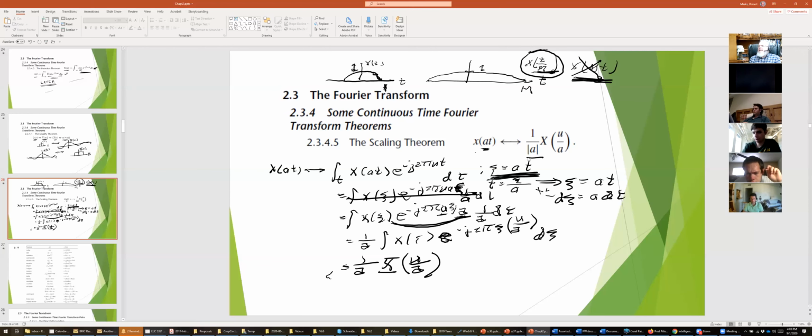Up here we have an A, right? But we have more than an A. We have a magnitude of A. Where does our magnitude come from? There's no magnitude down here. Well, let's go back in our derivation and see if we can figure out what's going on. Notice that this integral is from minus infinity to infinity, right?